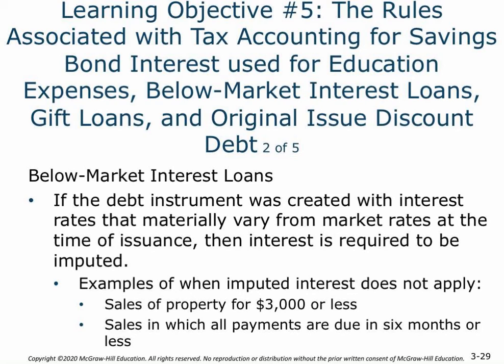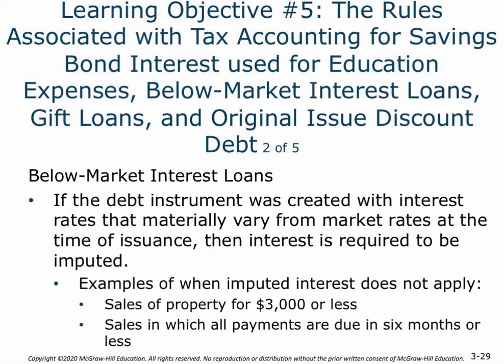So this is something where if you give a 0% interest loan, but the going rate or the fair market rate might be 5%, imputed interest is not going to apply if it's for a sale property of $3,000 or less, or all payments are due within 6 months. So you have a small value of the property exclusion there, or a small duration, small time window exclusion.